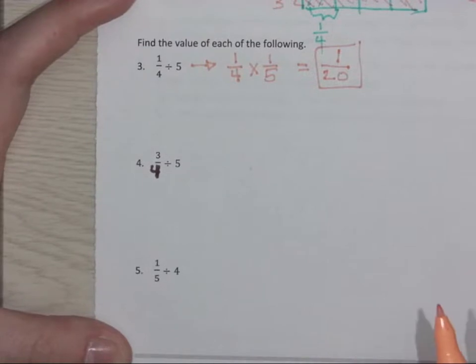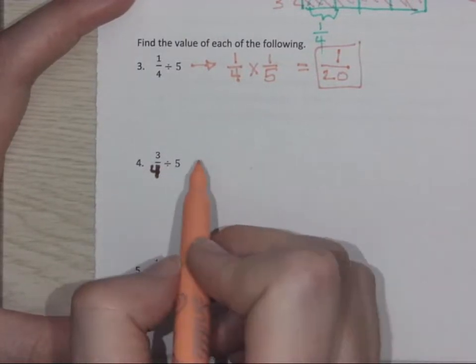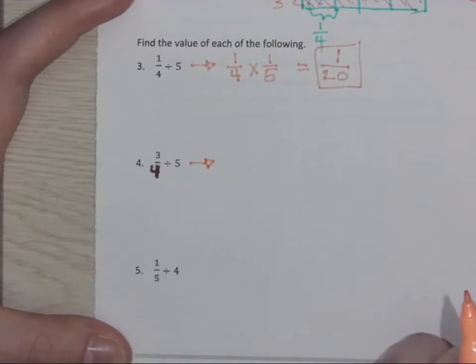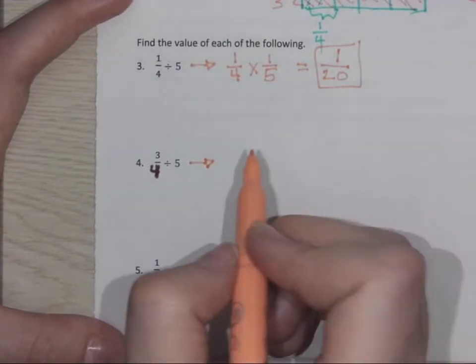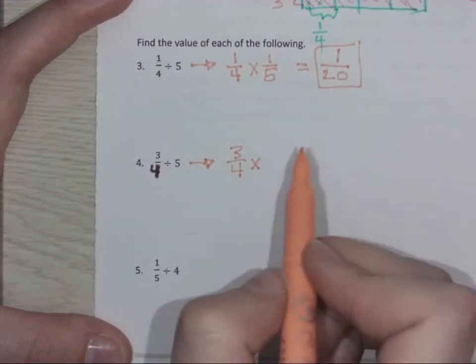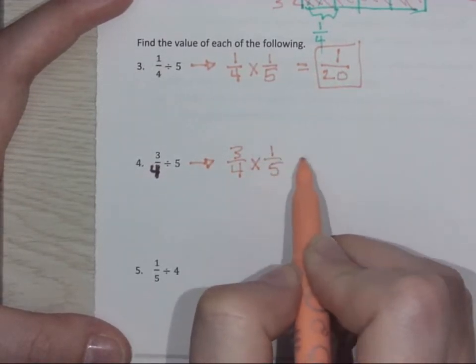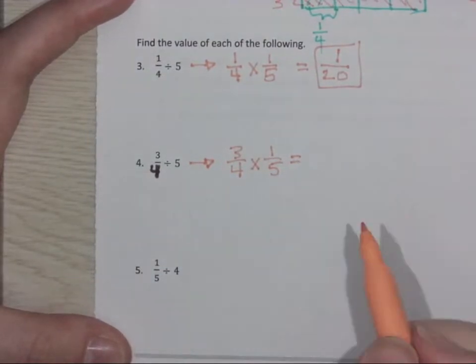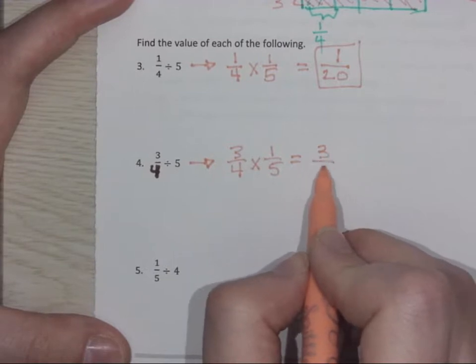Okay, now the next one, 3/4 divided by 5. How do I write it as a multiplication problem, Unique? 1/5. And what do you get? 3/20.